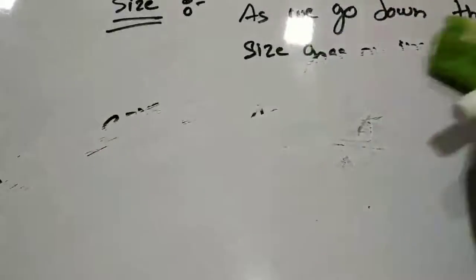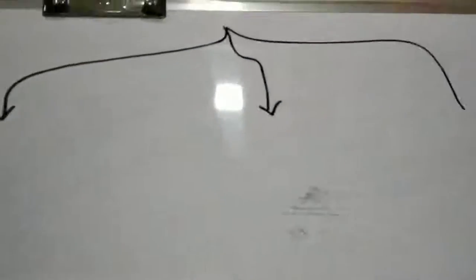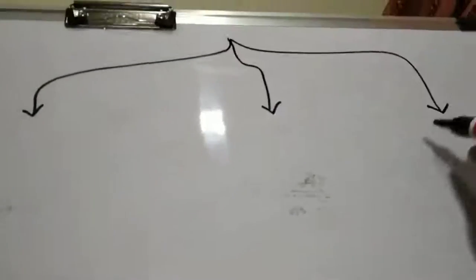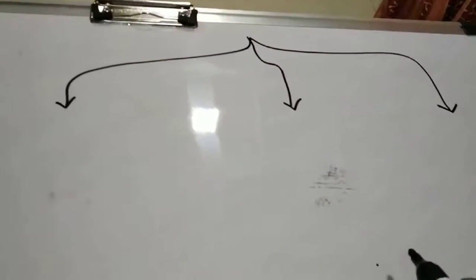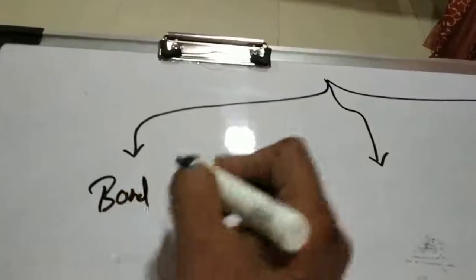Okay, based on this, we can also classify this bond into three types, or we can call them the bond parameters, right? So what are these bond parameters? Number one, it will be bond length.